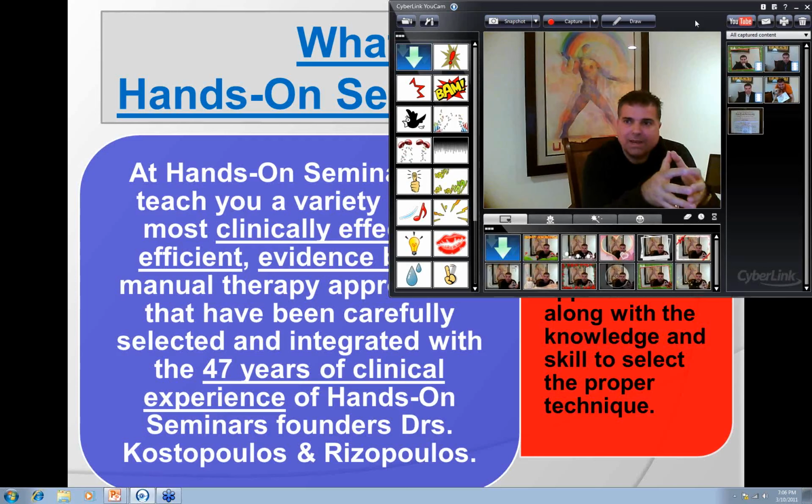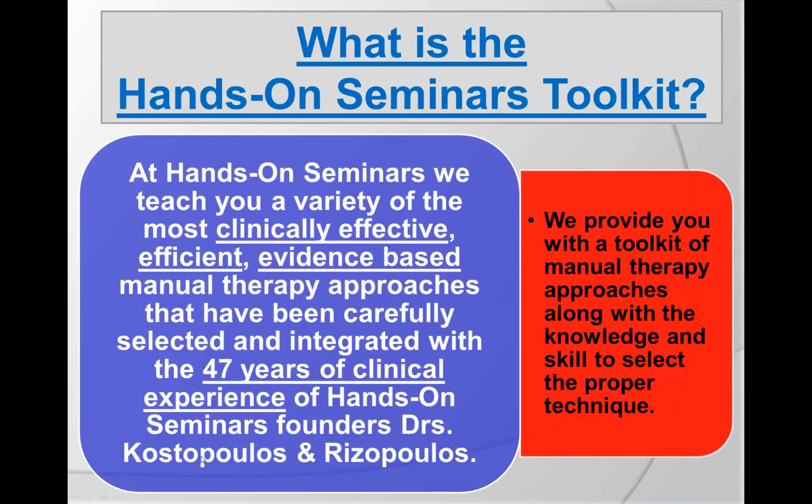we early on realized that we must utilize a comprehensive model of manual therapy, a comprehensive model that includes a vast variety of manual therapy approaches that we then transferred into the classroom with the continuing education courses we teach.